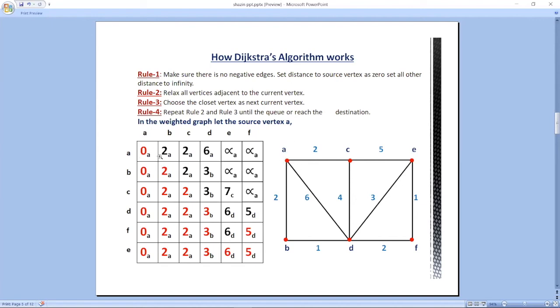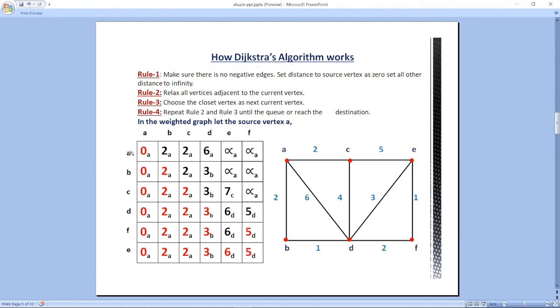It will be 0 from A. What we need to do is put all the vertices in a row, and if we travel from source vertex to source vertex, there is no distance, so we mark the distance 0 from A.